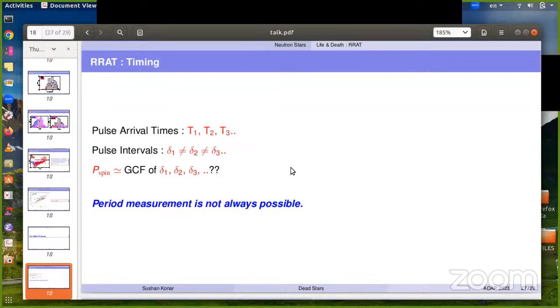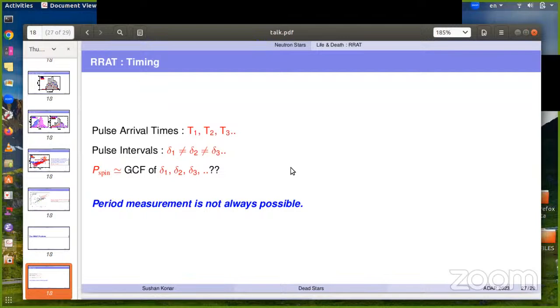Sometimes something is faint. So therefore it may not be very accurate. And when it is not accurate, there are signatures to understand that this calculation may not be accurate. And at that point, a correct spin period is not quoted. So investigators do not quote a proper spin period if they feel that this number may not be correct.